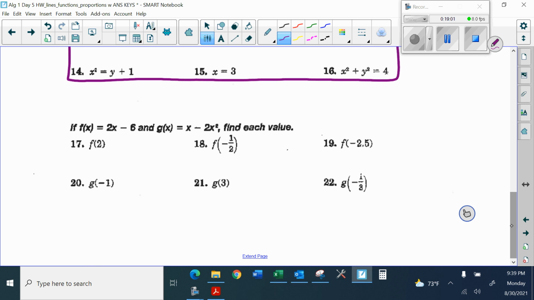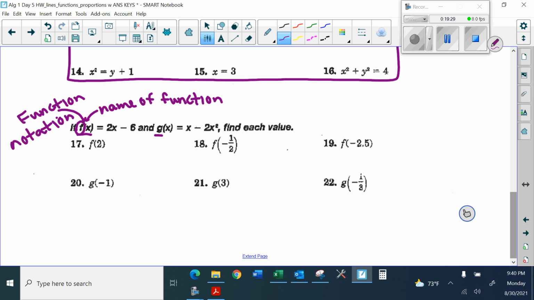All right, bottom part here. If the f of x, that's called function notation. The letter on the outside, that's called the name of the function. Name of function. So it's the f function. Whereas this is the g function.